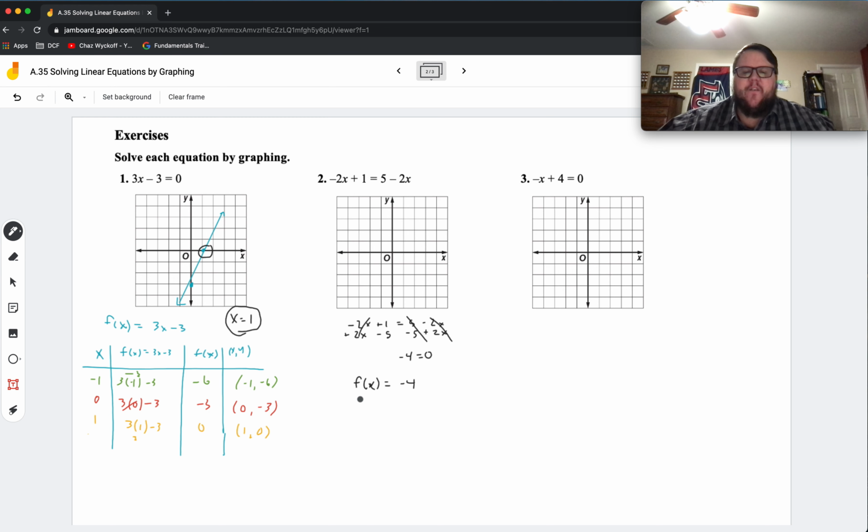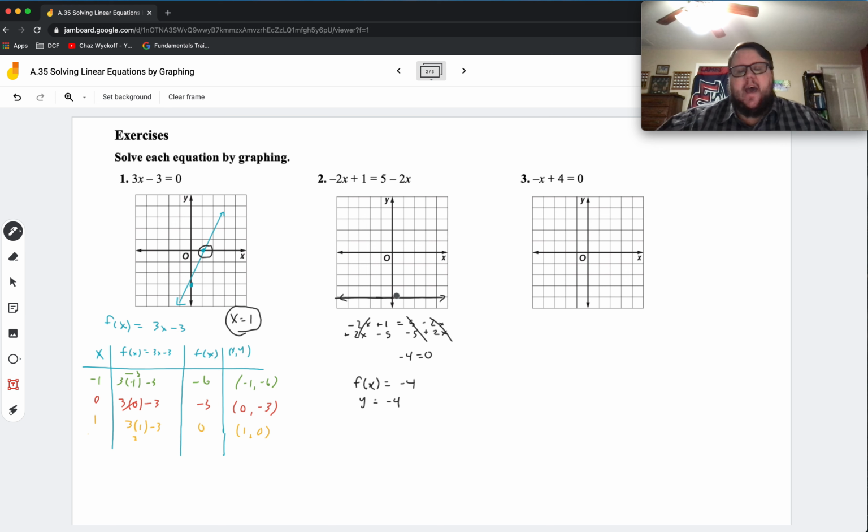And remember, f of x is just another way of saying y equals -4. So what that means is y equals -4. 1, 2, 3, 4. All the way through. So my line would be right here. And we're looking for, where does it cross the x-axis? Where is the x-intercept?